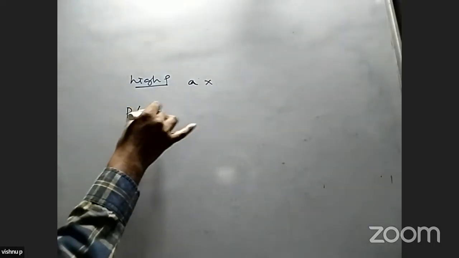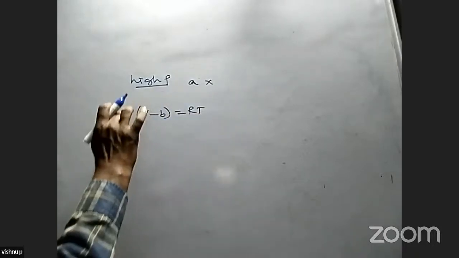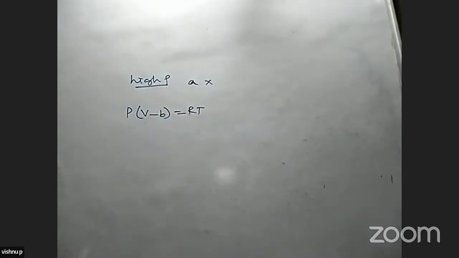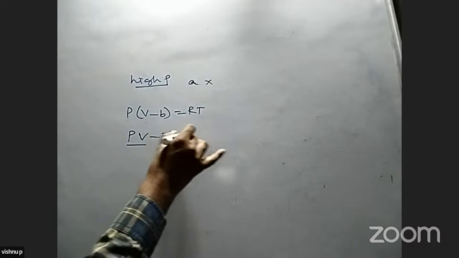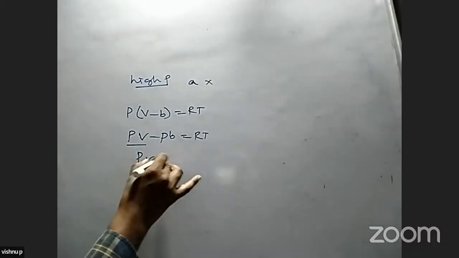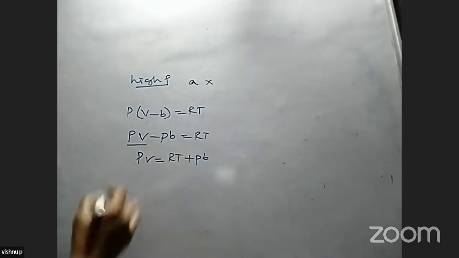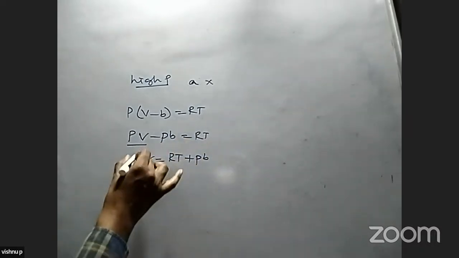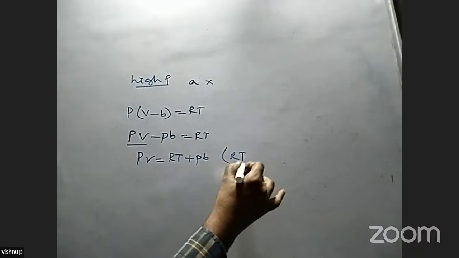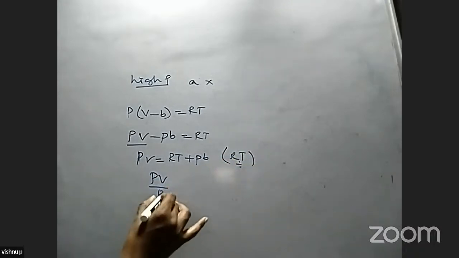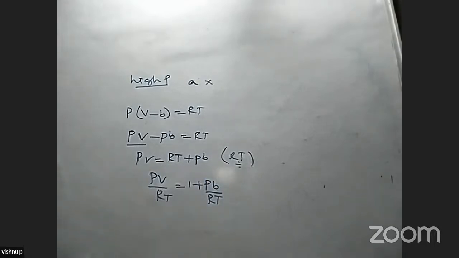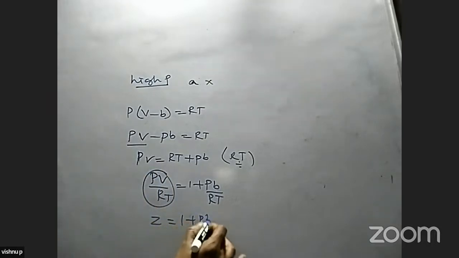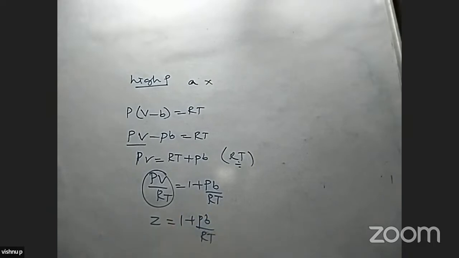So we write the Van der Waals equation, P(V - b) = RT for 1 mole of gas, or PV - Pb = RT, or PV = RT + Pb. When this total equation is divided by RT, we get PV/RT, which is nothing but the compressibility factor. Z = 1 + Pb/RT.